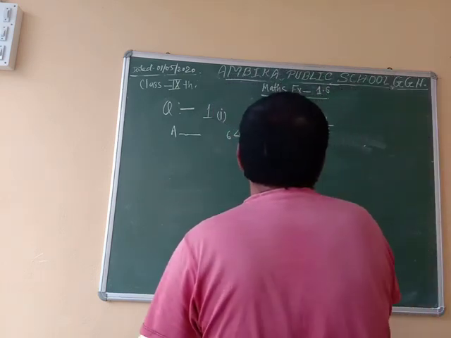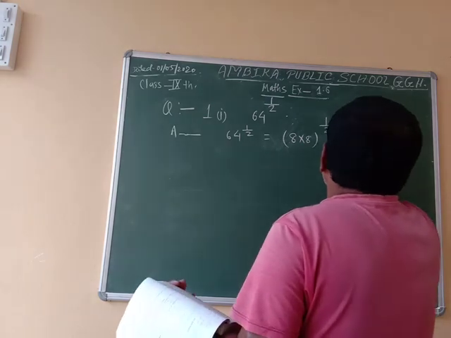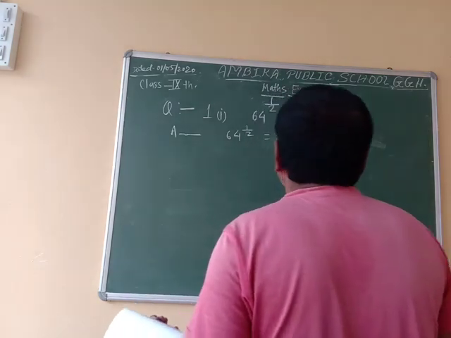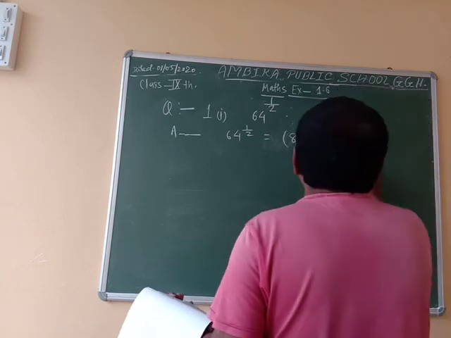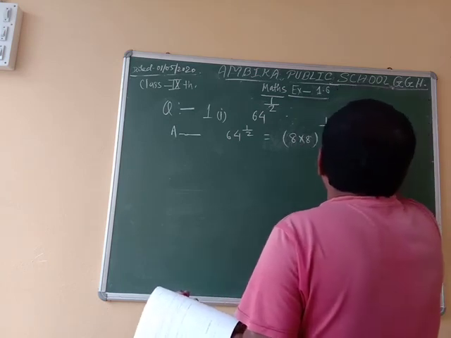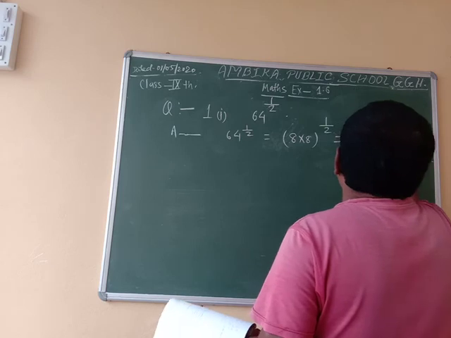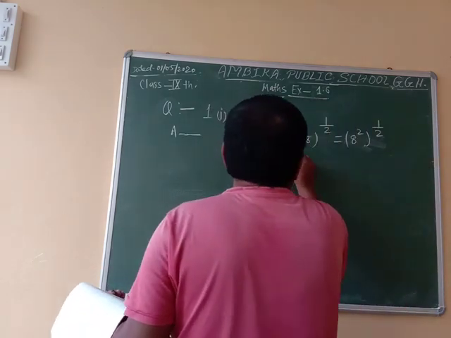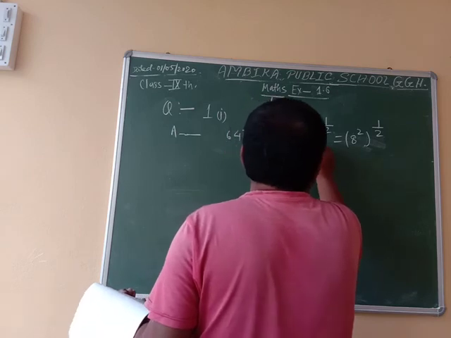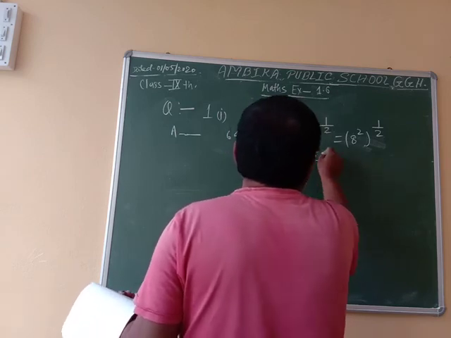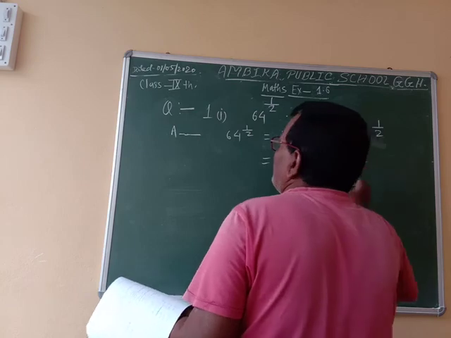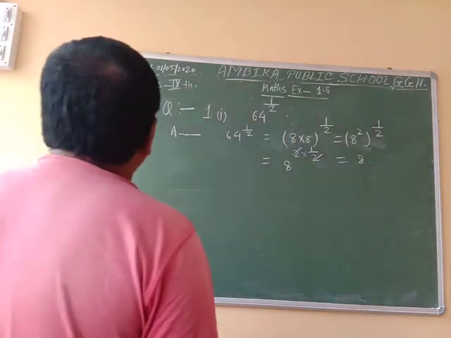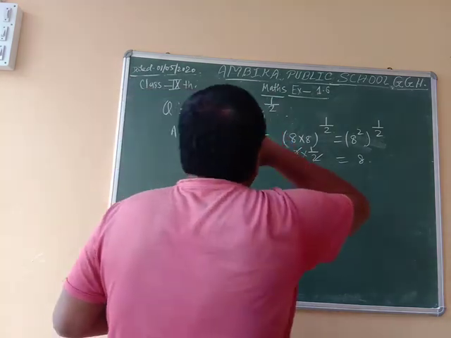We can write this as 8 square to the power 1 by 2, which is equal to 8 to the power 2 into 1 by 2, which is equal to 8.